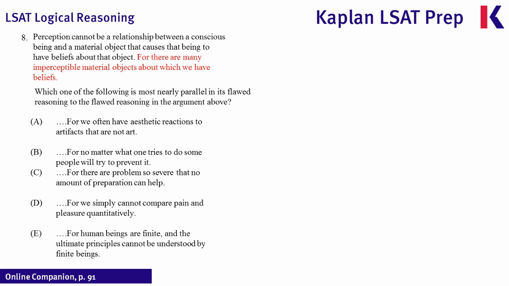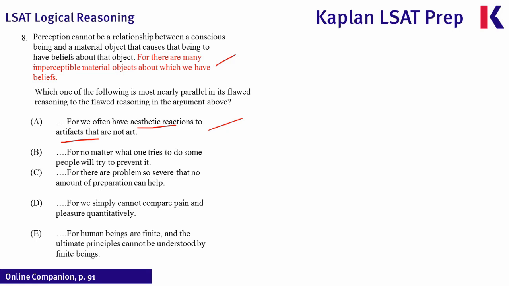Now, choice A's evidence is that there are many artifacts that can't be called art, but which we have reactions to. All of that is paraphrased, but listen to how I've lined up the terms in the original. Objects that can't be perceived, which we hold beliefs in. Choice A: artifacts that can't be called art, which we have reactions to.